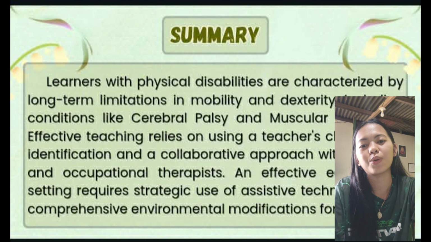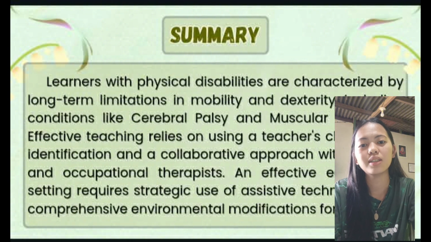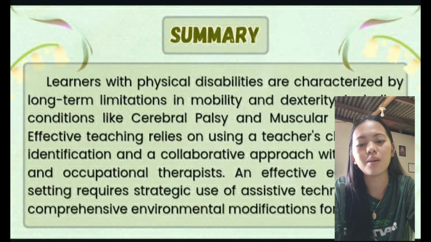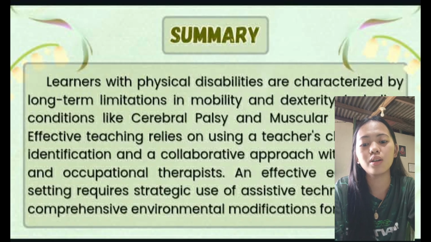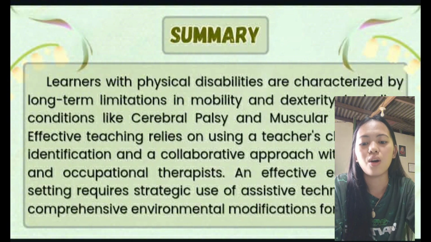That is it. So we've done our discussions and we have now our summary. So learners with physical disabilities are characterized by long-term limitations in mobility and dexterity, often due to conditions like cerebral palsy or muscular dystrophy. So effective teaching relies on a structured process such as teachers' checklists for initial systematic identification.